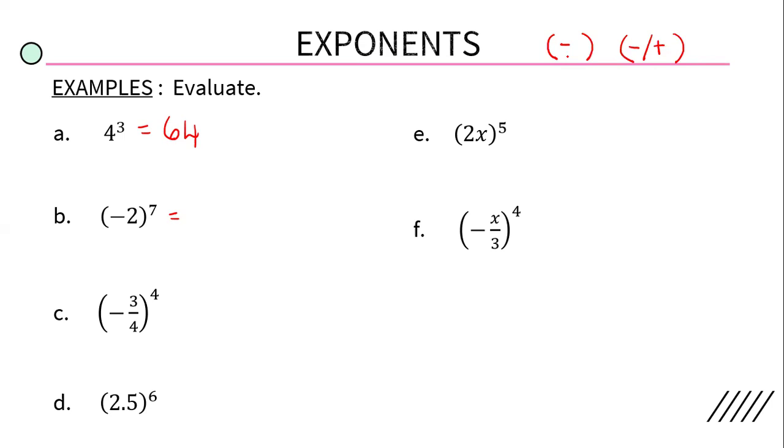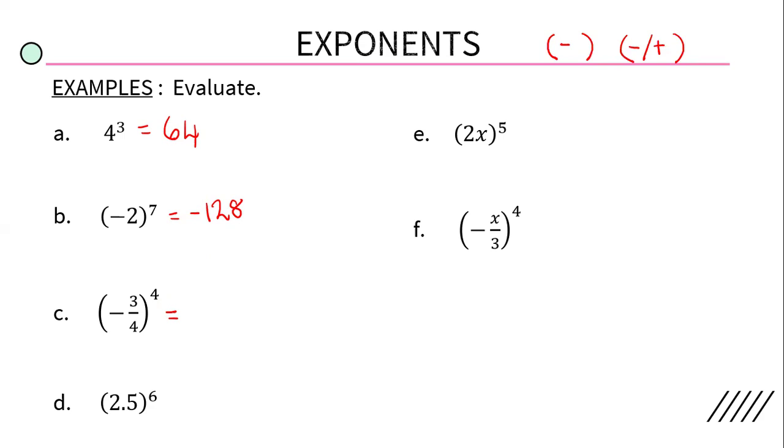After that, press your equal or your enter. That gives you negative 128. So again, it was open bracket, negative 2, close bracket, power button, 7, equal.